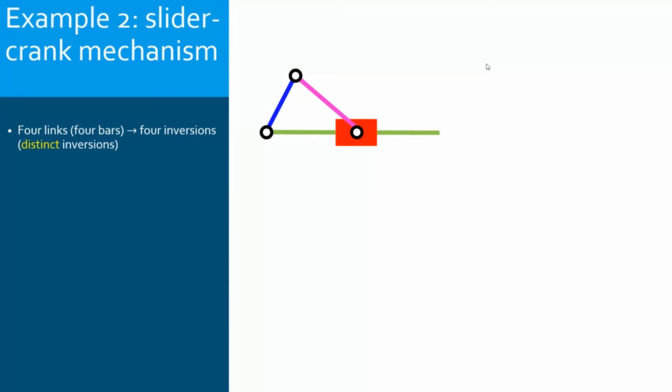And we will see now how these inversions are different from each other. There are 4 links, 3 bars and 1 slider. So to do the inversions, I will choose one by one each link as the ground. But the most important, again, is to analyze the effect of grounding this link and not the other on the motion of the mechanism.